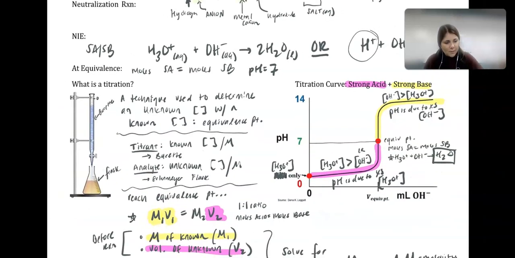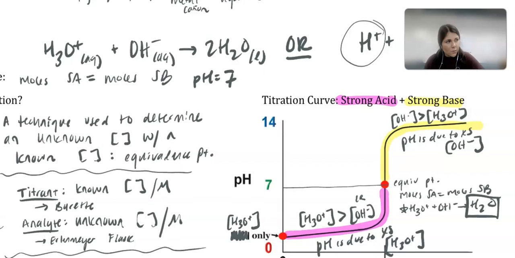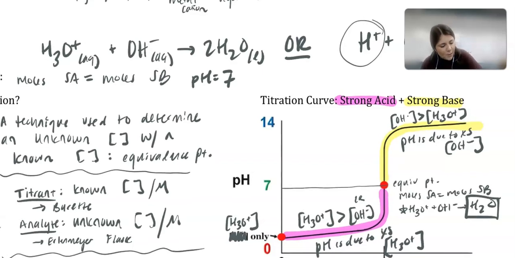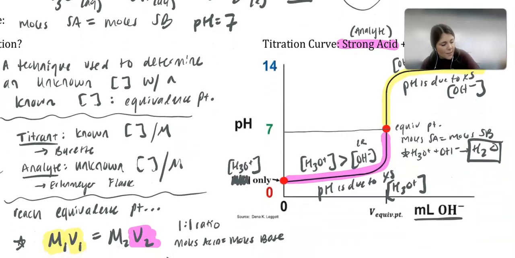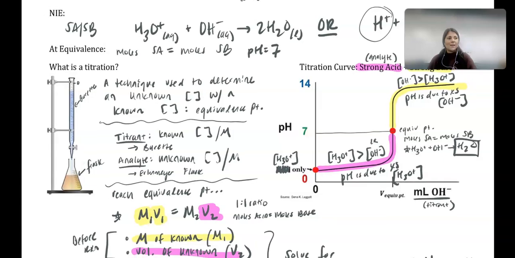Okay, so moving on. Oh, also one thing I wanted to add. Your strong acid in this case is our analyte, and the strong base would be our titrant. And the titrant will always be on the x-axis because you are going to be adding that into your analyte.